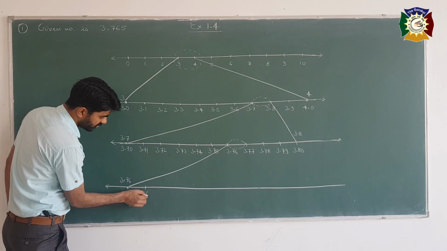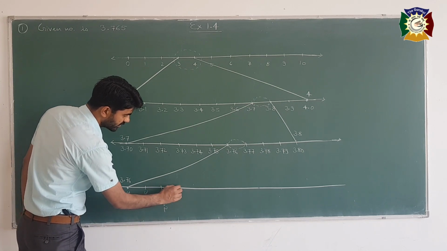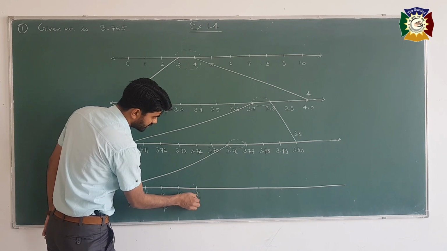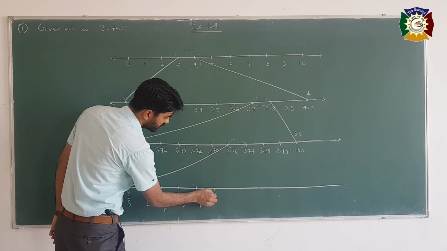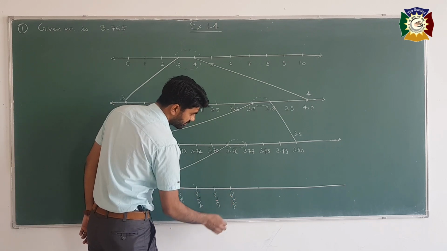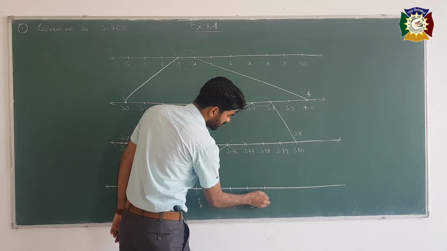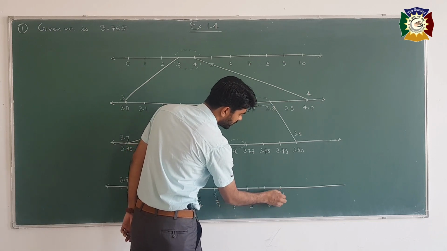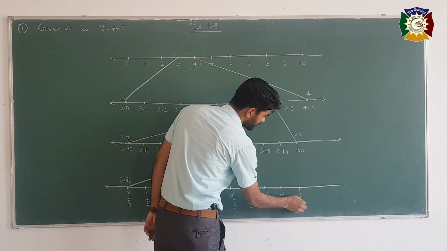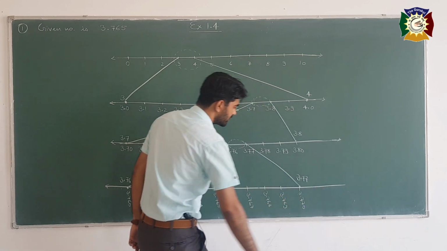Next 3.761, next 3.762, next 3.763, next 3.764, next 3.765, next 3.766, next 3.767, then 3.768, then 3.769, and then 3.770. 3.770 is this number, 3.77.